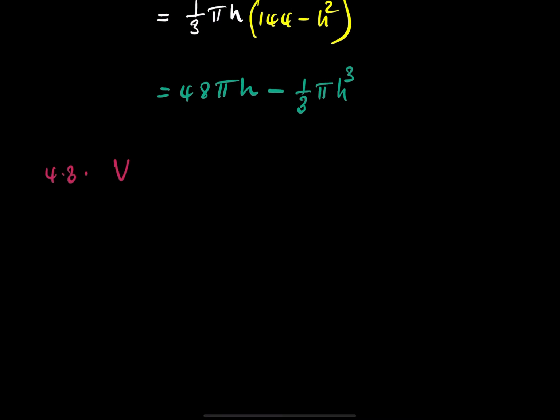So the volume, you can see that it's a function of h, which is given by 48 pi. Remember, pi is a number. You've got your h there, and then a minus 1/3, and then pi h cubed. So we want to find the value of h for which this volume will be at its maximum.